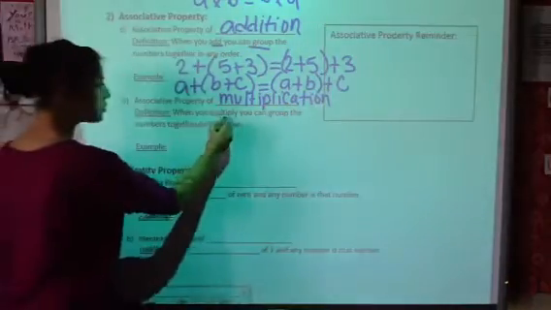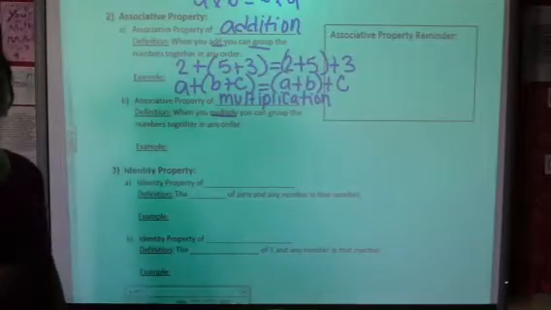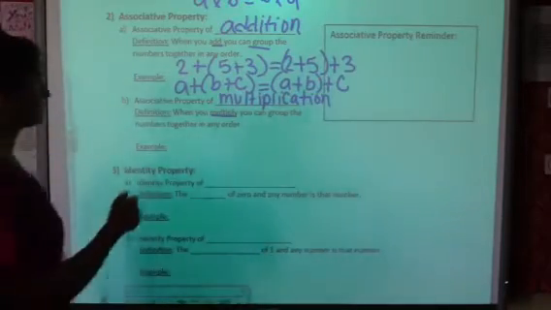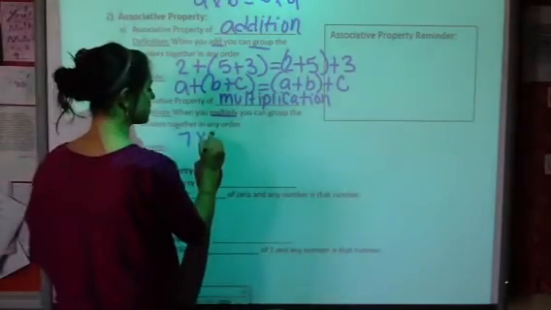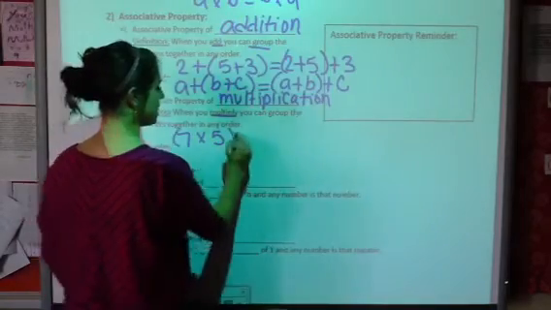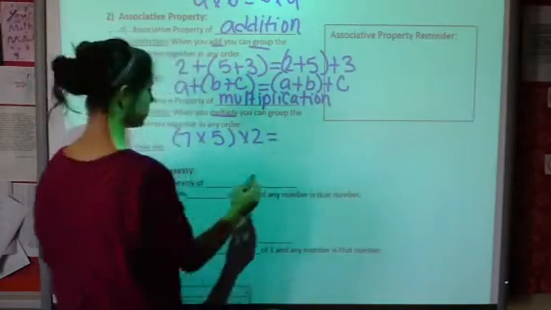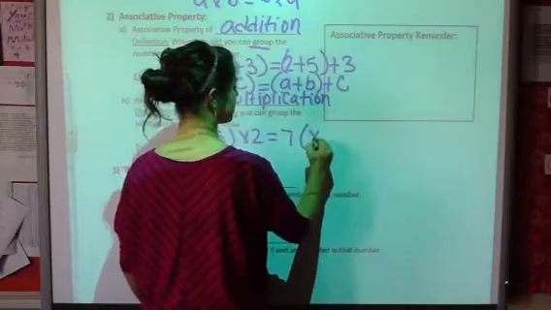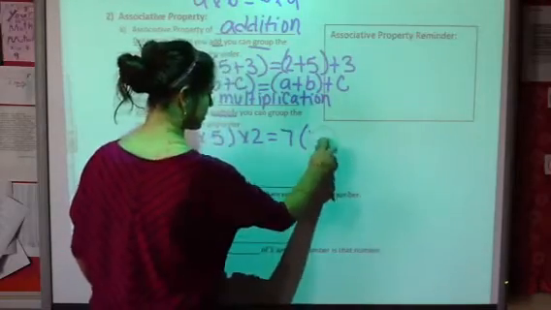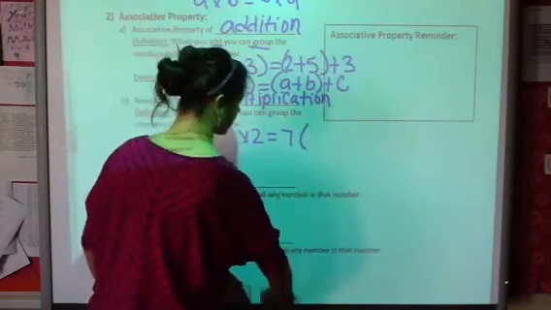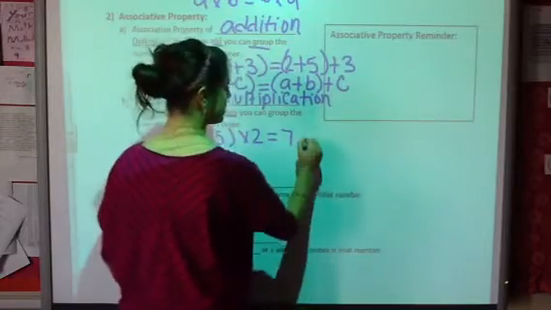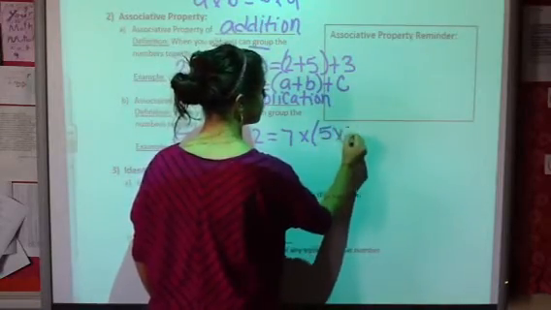And this says when you multiply, you can group the numbers together in any order. So I could say 7 times 5 times 2 is equal to 7 times 5 times 2 with the parentheses moved.